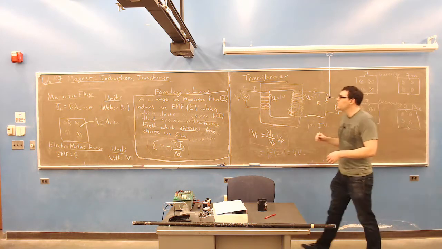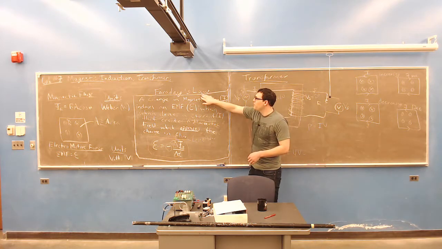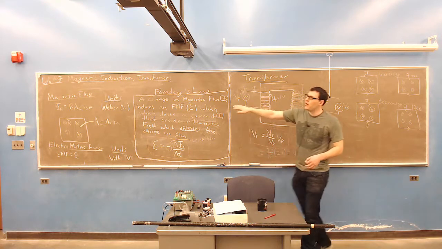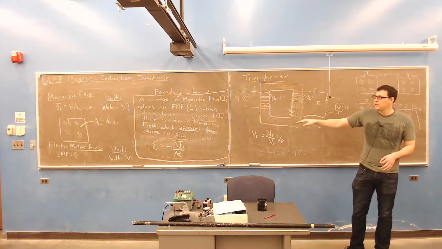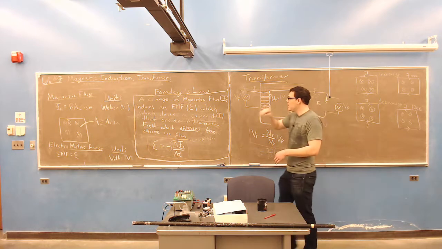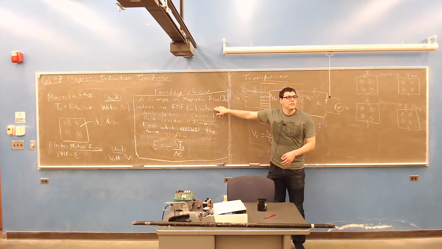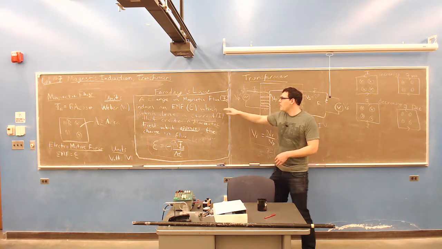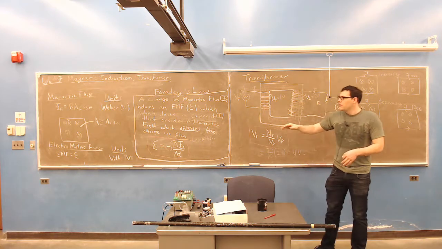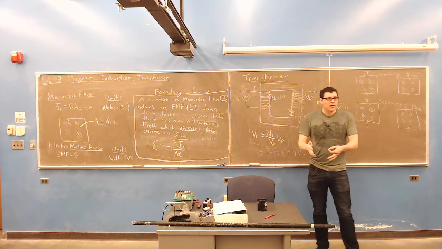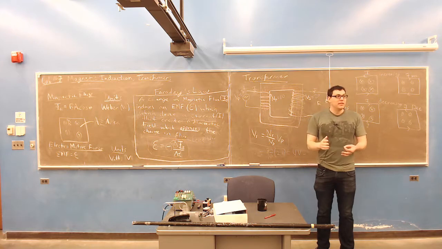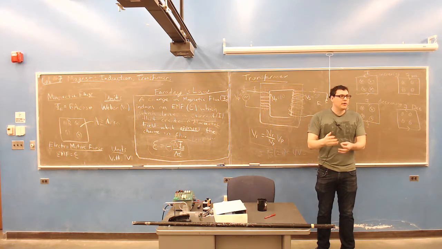All right, and so I just want to emphasize that out of all the laws you probably learned, Faraday's has probably impacted your life the most. And that's because this is how all power is generated. Okay? There were batteries, right? But batteries are kind of limited in how much power you can produce. They're chemical.